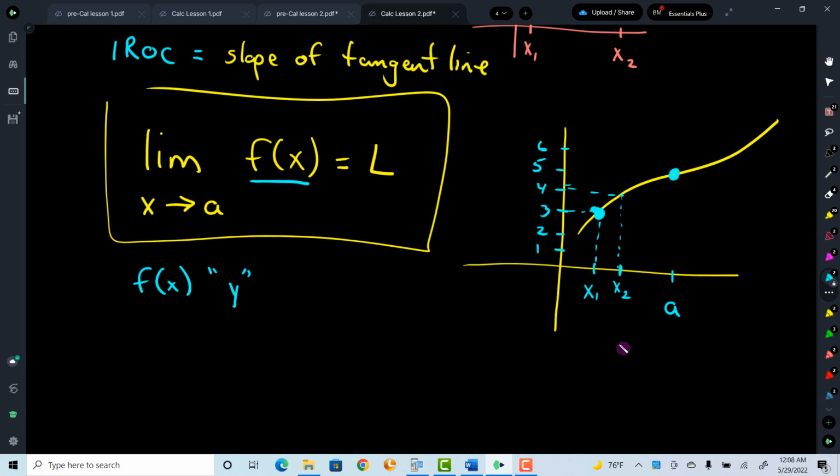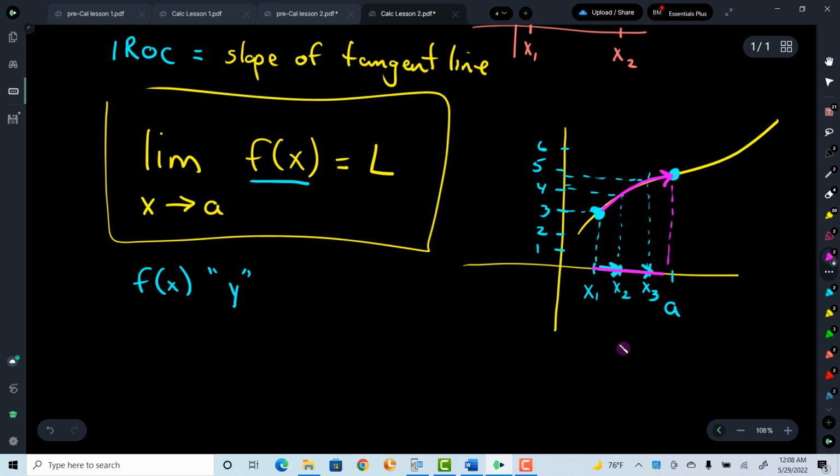So the limit as x is approaching, right, what's happening to the y. So let's keep moving our x a little closer. Let's call this x3. So there's my y value, and it's just shy of 5, maybe 4.75, right? So what we mean by limit, what's happening as the x is getting closer and closer to this value here, which is where x equals a.